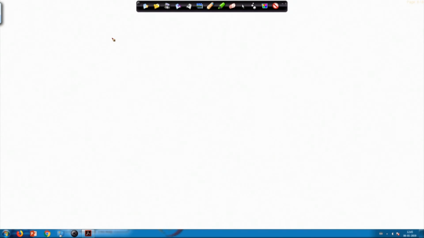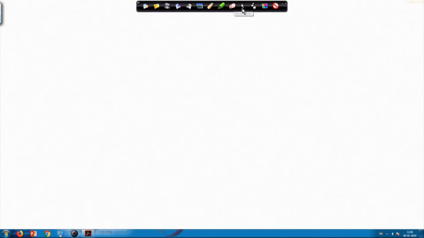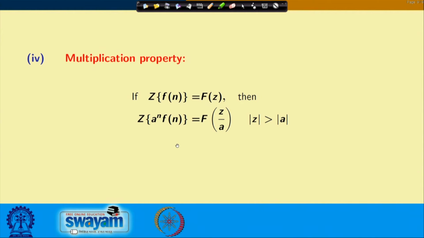If you remember, Z transform of a to the power n f n equals capital F of z by a, where modulus of z is greater than modulus of a. This we have already proved in the scaling property. So, the first part is over.